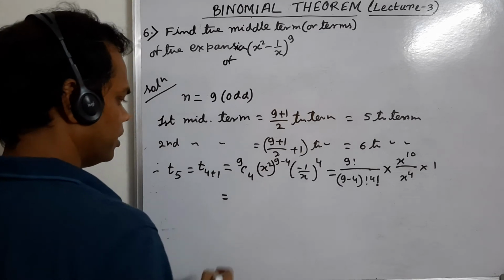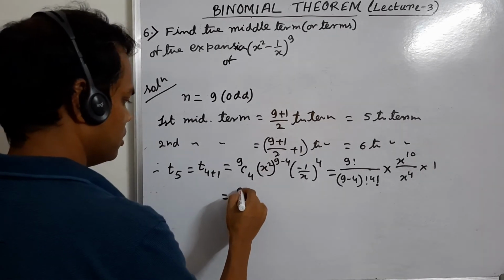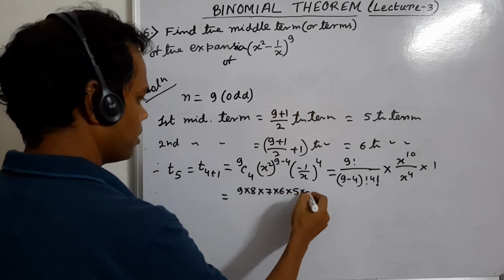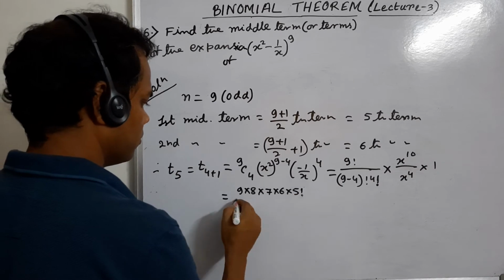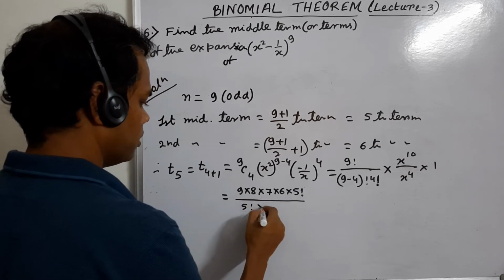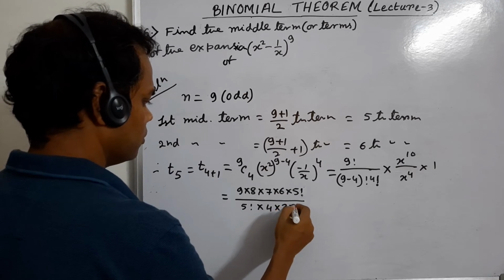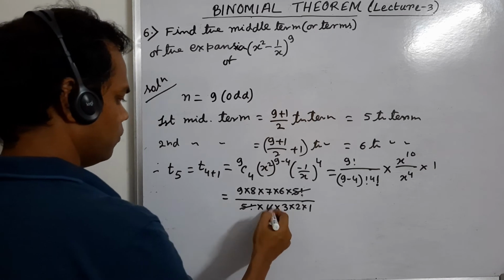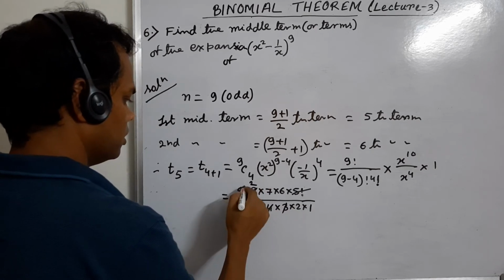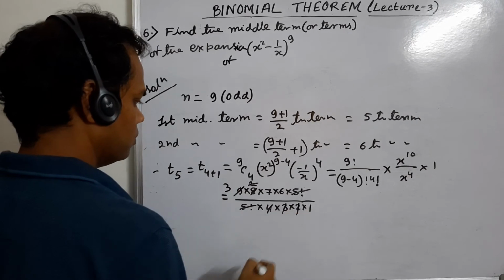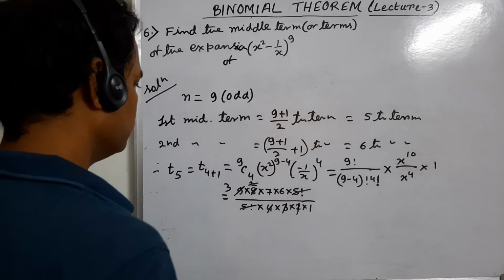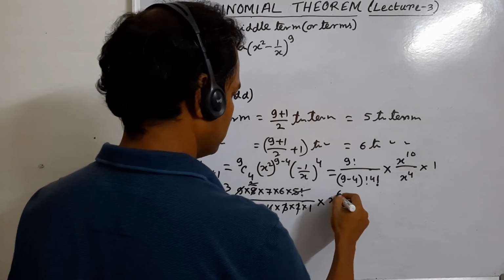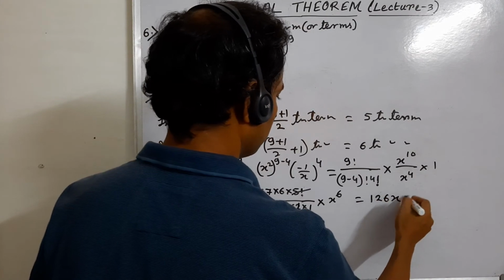So 9 factorial is 9 into 8 into 7 into 6 into 5 into 5 factorial by 5 factorial into 4 into 3 into 2 into 1. So 5 factorial cancels out, 4 twos are 8, 3 threes are 9, 2 cancels out. So 6 sevens are 42, 42 into 3 is 126, into x to the power 6. So 126 x to the power 6.